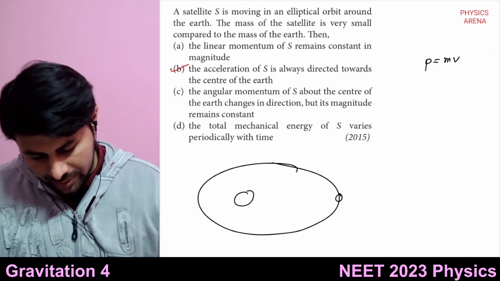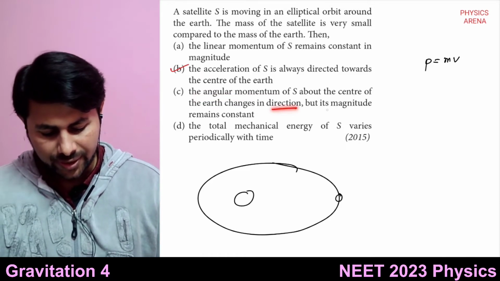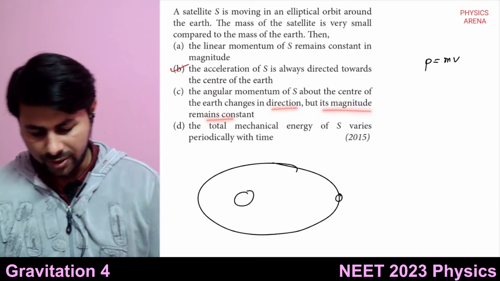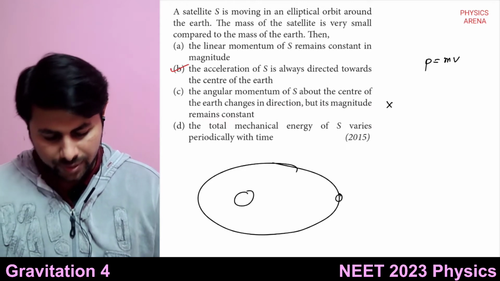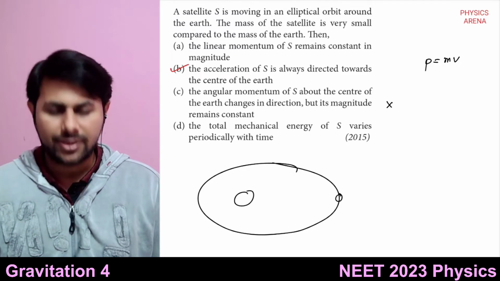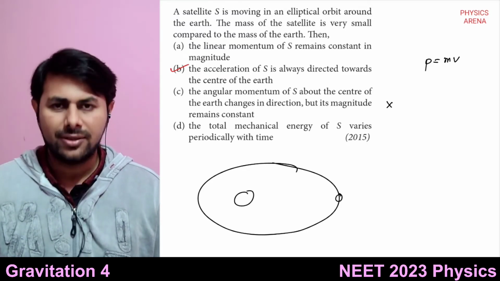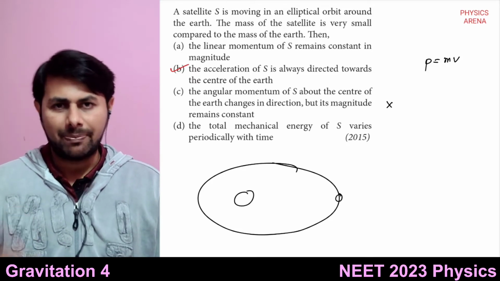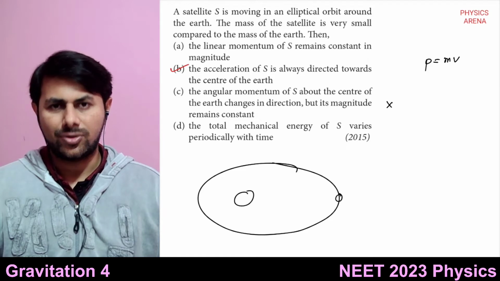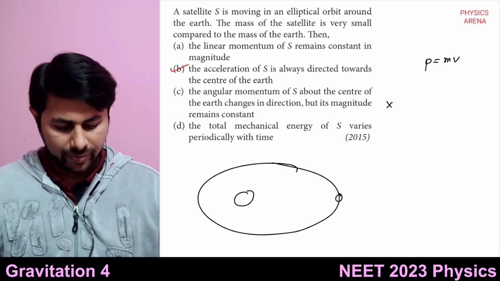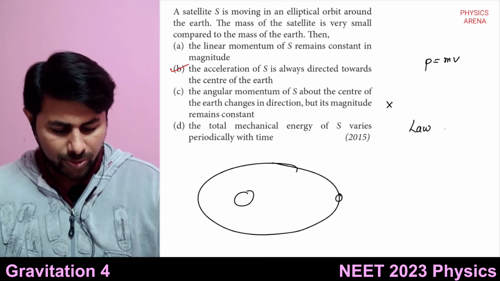The angular momentum of S about the center of Earth changes in direction, but its magnitude remains constant. This is wrong because the angular momentum will remain constant in magnitude also. We had discussed this when we discussed Kepler's laws. There is the second law, the law of areas, which is actually the law of conservation of angular momentum.